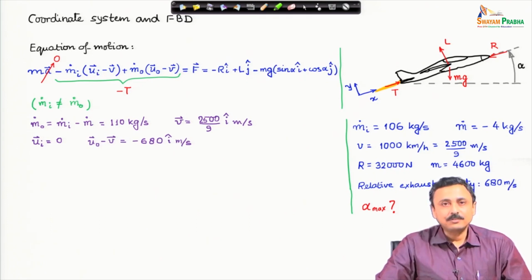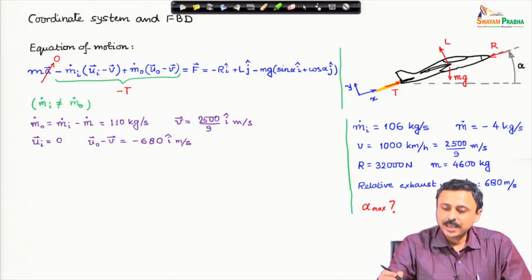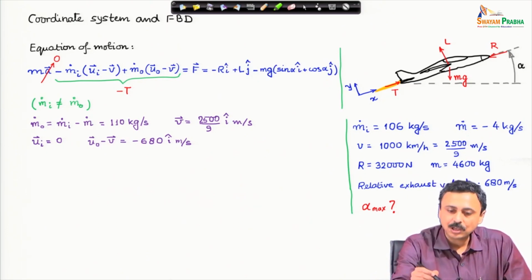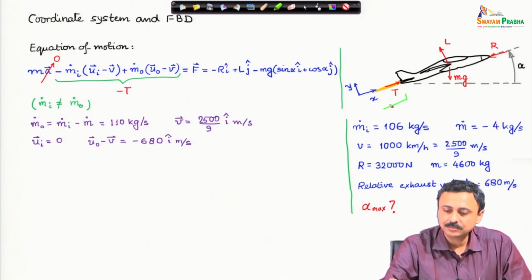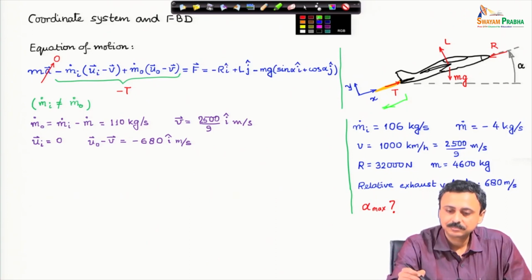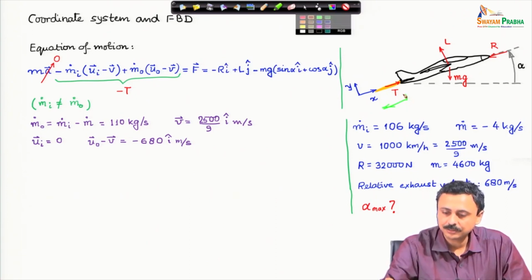Now, the exit velocity u_o minus V is the relative exit velocity, this we have discussed, and that is minus 680 i cap meter per second. The exit velocity is in this direction. We will use a different color.